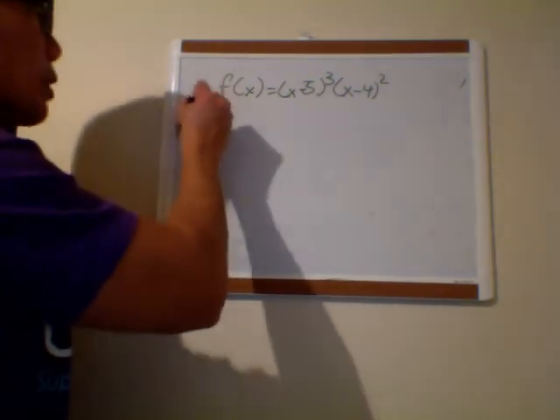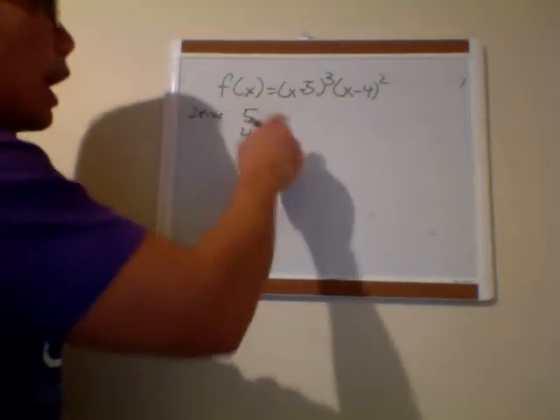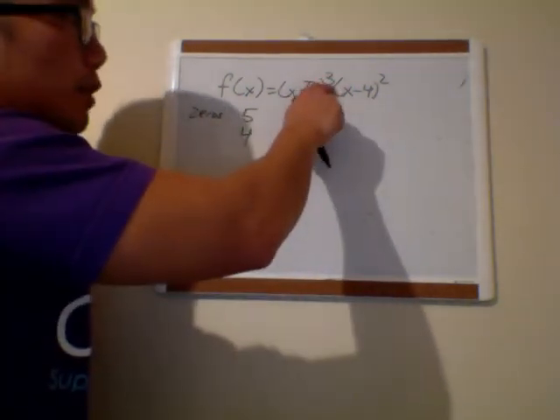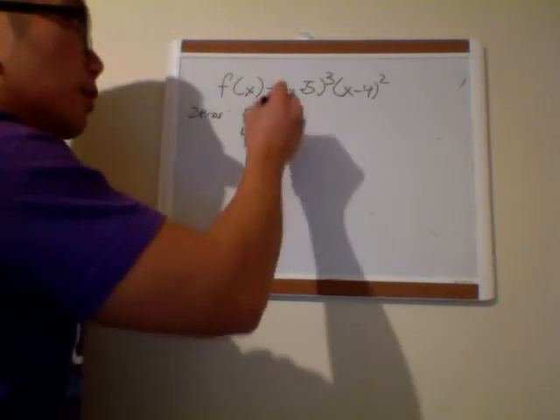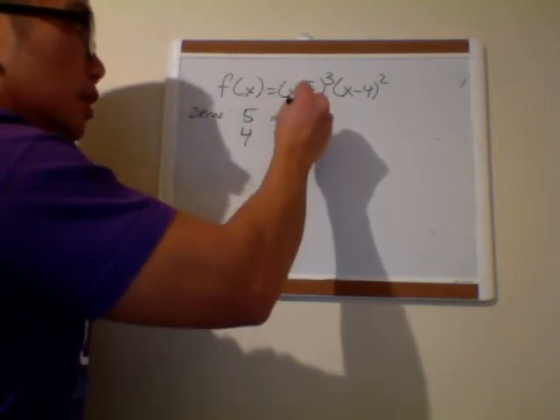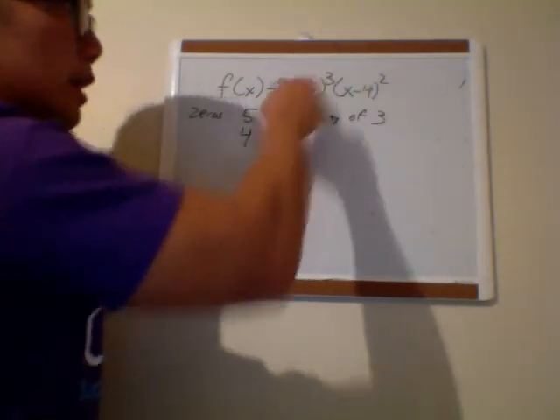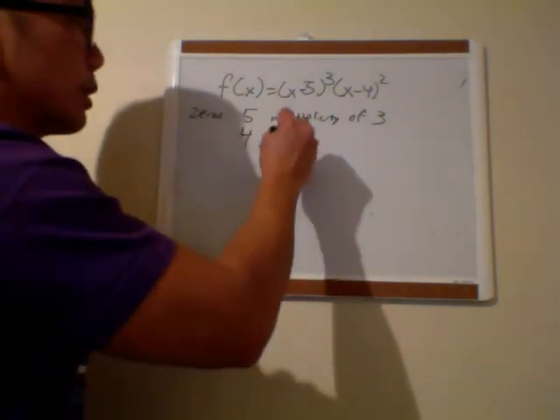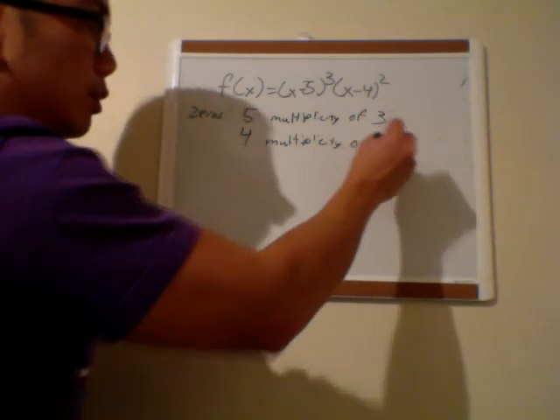My zeros are 5 and 4, and the way I find the multiplicities is it's always the power of the factor. So I have a multiplicity of 3, since I have the power of 3 with my zero of 5, and 4 has a multiplicity of 2.